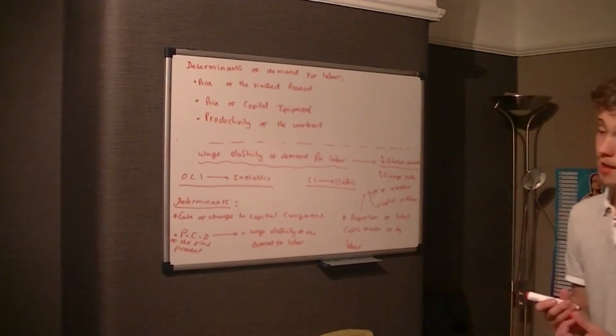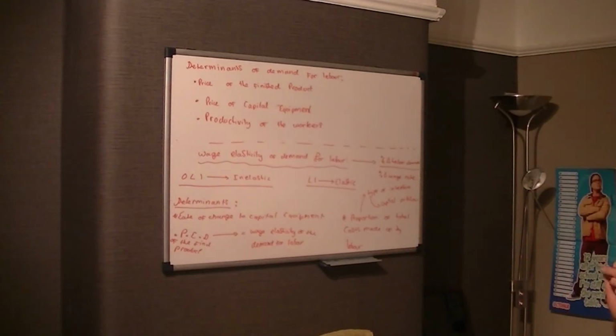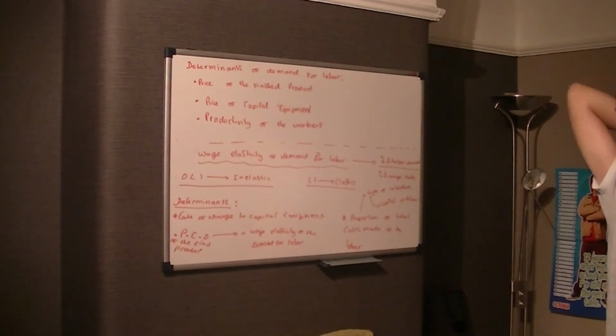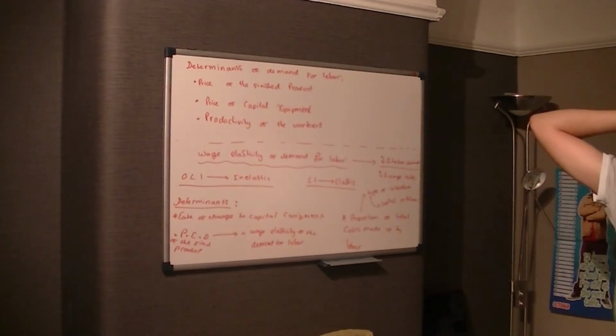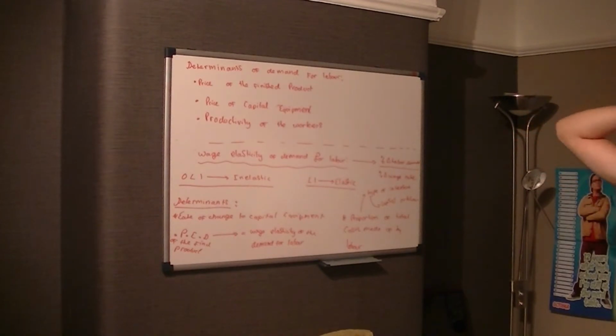So just to go over that again, recapping what we've done in this video. We originally talked about the demand for labour and the determinants of the demand. Because labour is a derived demand, we said the price of the final product affects how responsive the firm is to hiring that worker in terms of wage rate changes.